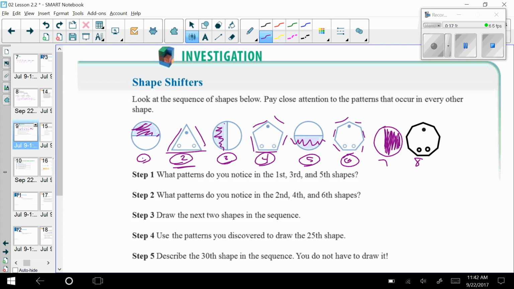So the 9th one would be the same as the first. 8 shapes later would be the same as the first. So the 9th, the 17th, 8 shapes later is the 25th. So we would have our circle with the top half shaded in.